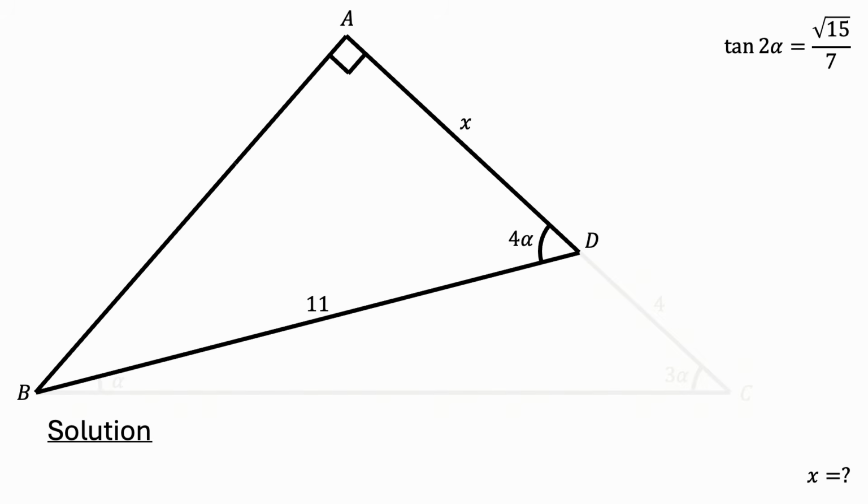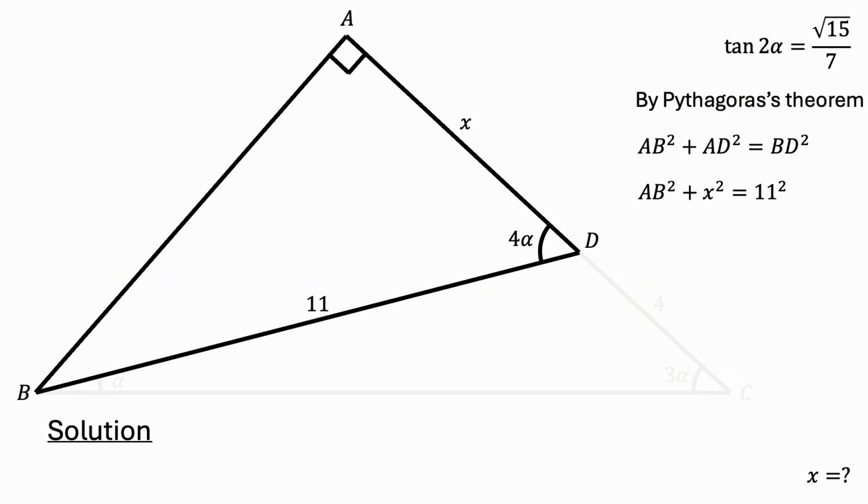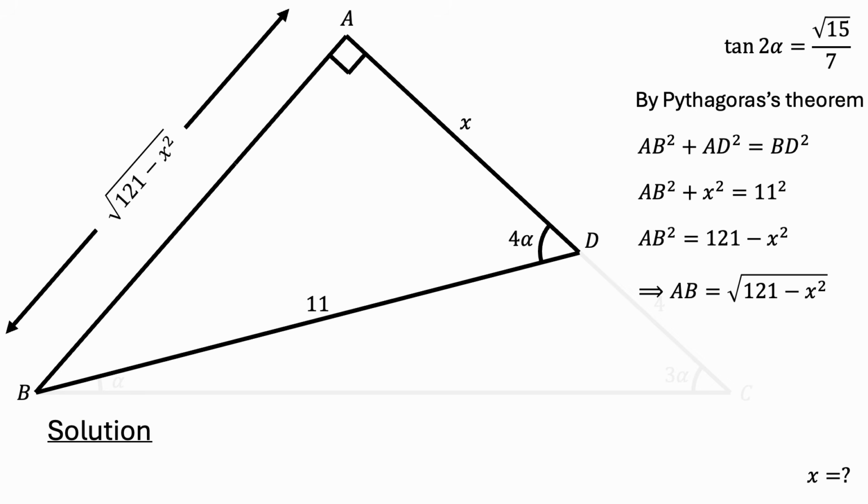Now, consider triangle BDA. By Pythagoras theorem, AB squared plus AD squared equals BD squared, so AB squared plus x squared equals 11 squared. Therefore, AB squared equals 121 minus x squared, and AB equals square root of 121 minus x squared.